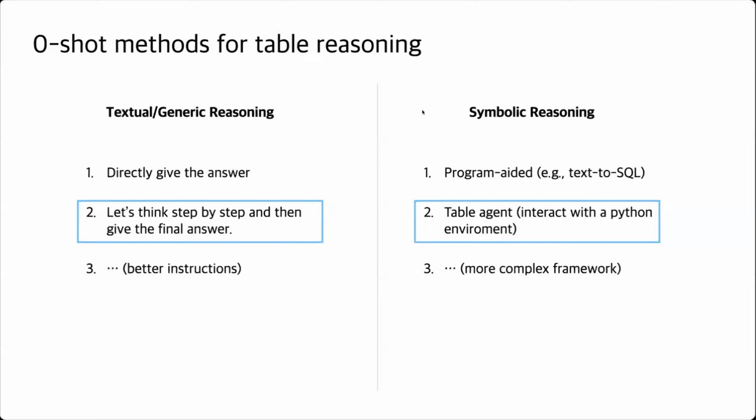Symbolic reasoning could involve converting text to SQL queries to generate an executable program, or interacting with the Python environment to incrementally approach the final answer, and more complex frameworks could also be employed for better outcomes.